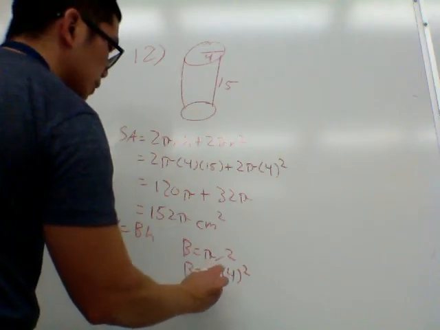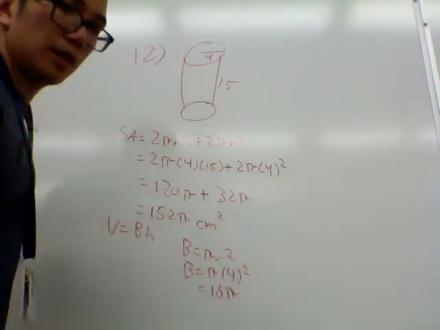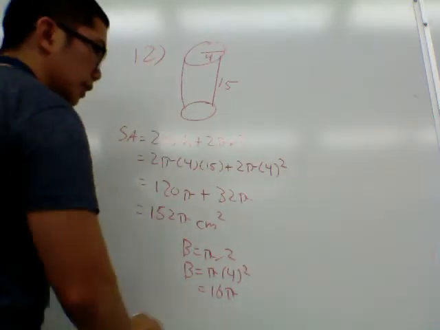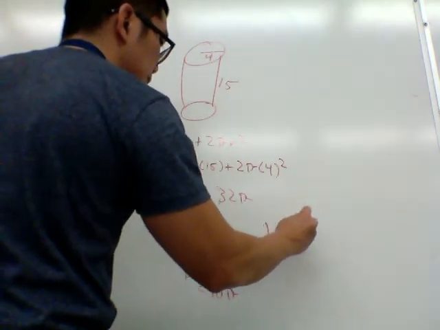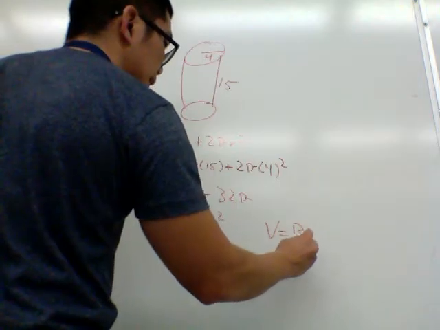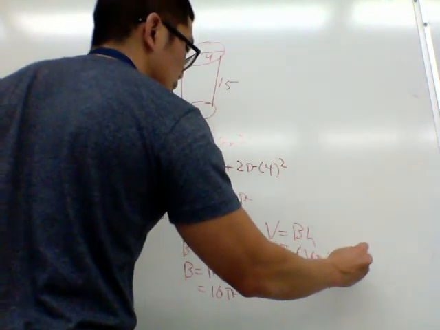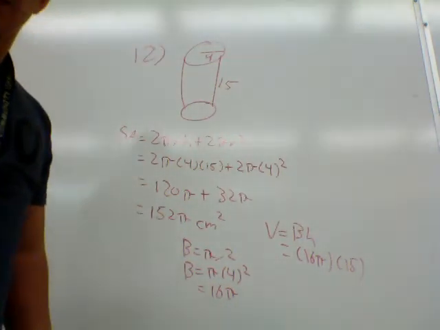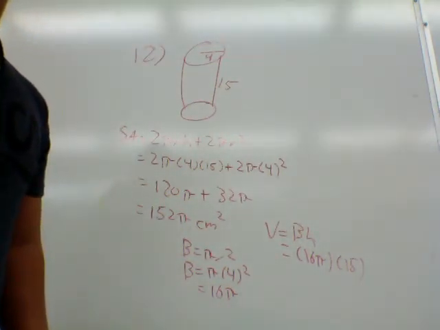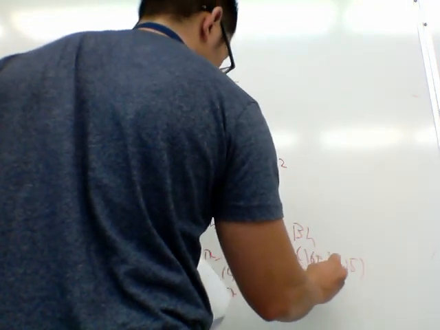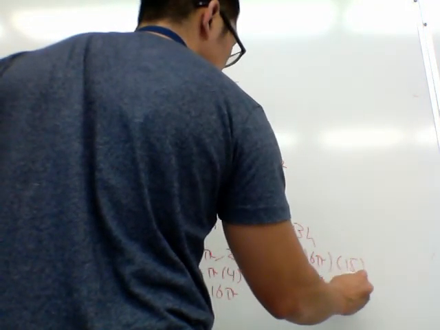So big B is equal to 16 pi. Okay. So now what I'm going to do, I'll plug it in right here. V is equal to big B times H. And that is 16 pi. And the height is 15. Okay. So 16 times 15 gives you 240 centimeters cubed.